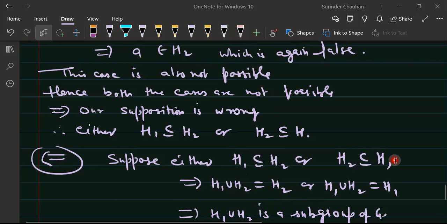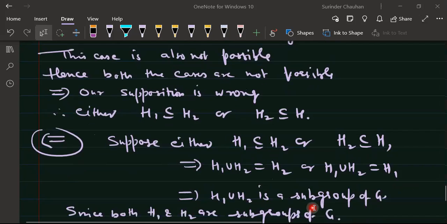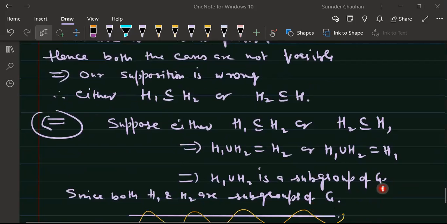If H2 is contained in H1, then H1 union H2 is equal to H1. So H1 union H2 is equal to H2 or H1. This implies H1 union H2 is a subgroup of G, since both H1 and H2 are subgroups.